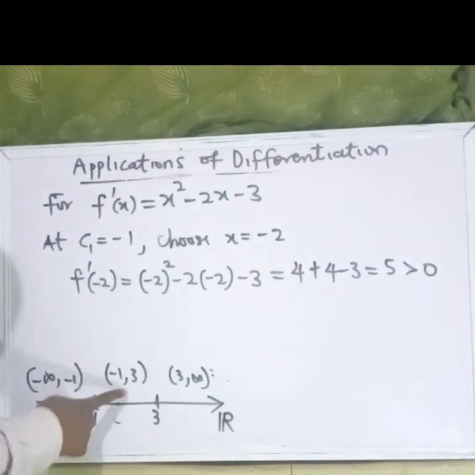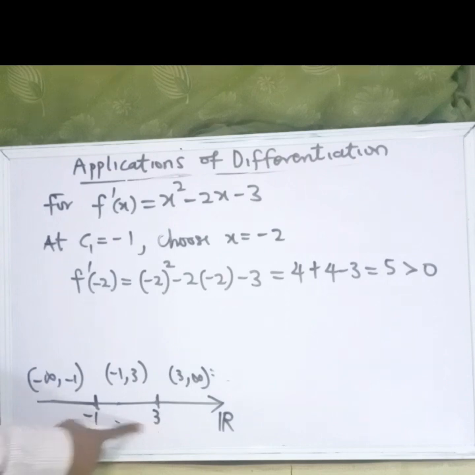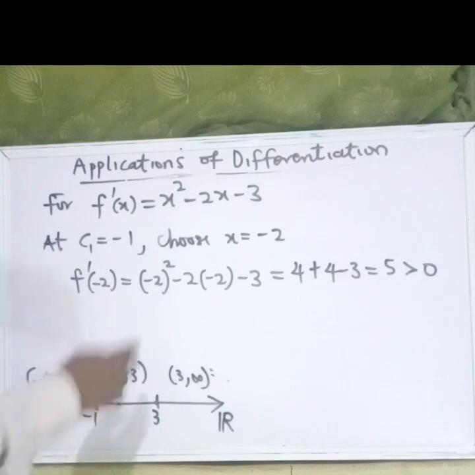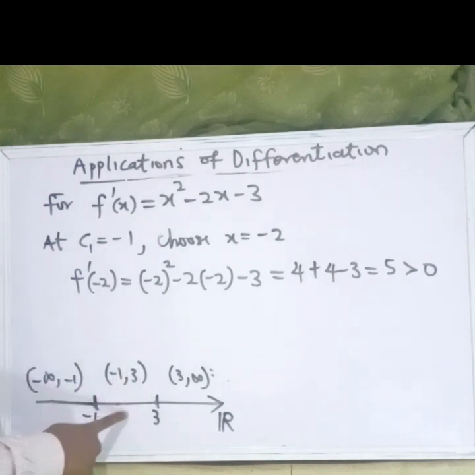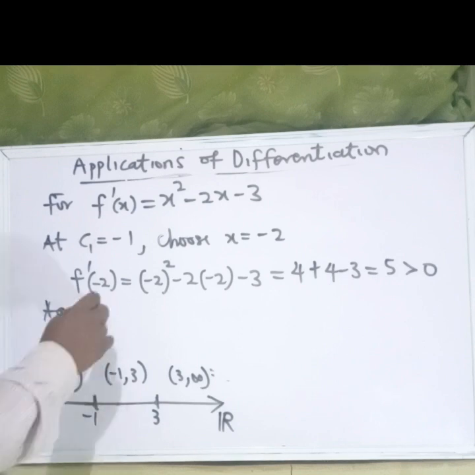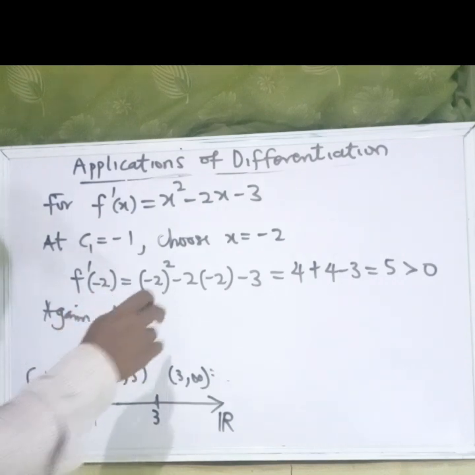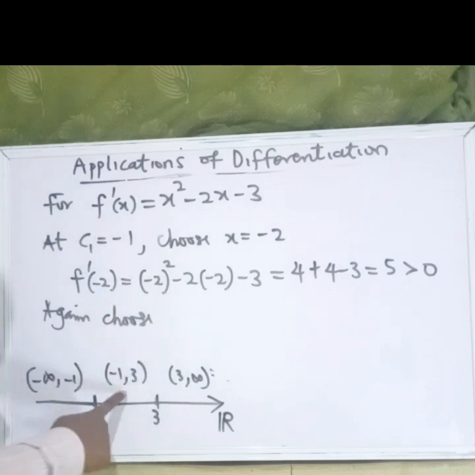Again, whatever happens to the right of -1 is the same as the left of 3. So it is wise of us to pick a point in the middle, and that point will stand for both the right of -1 and the left of 3.